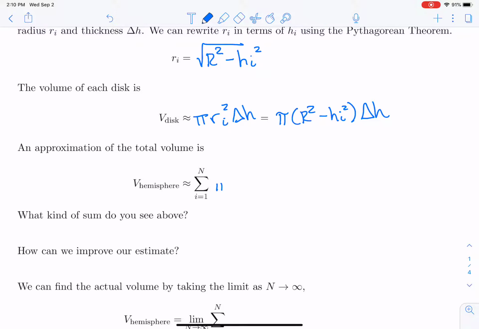So the sum of pi times R squared minus h sub i squared, times delta h. And now we have to ask ourselves, what kind of sum does this look like? I essentially have a function of h, you could call it f of h sub i, times delta h. And so in fact, this looks like a Riemann sum.